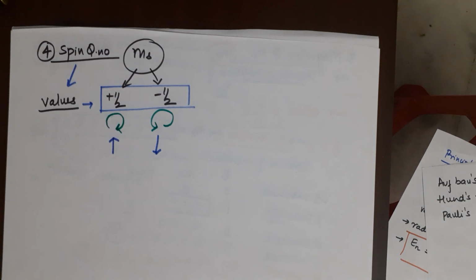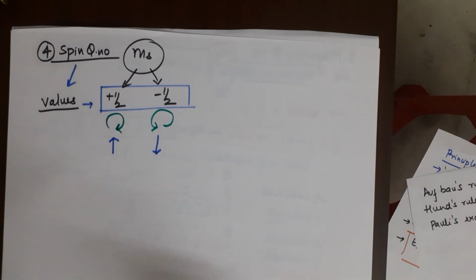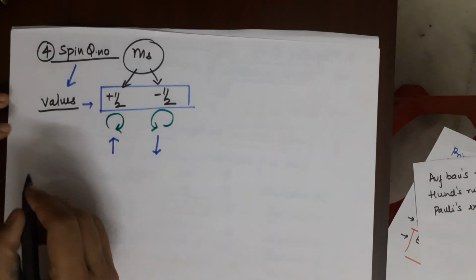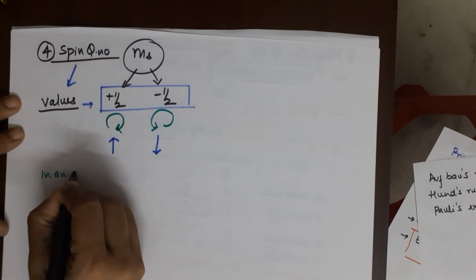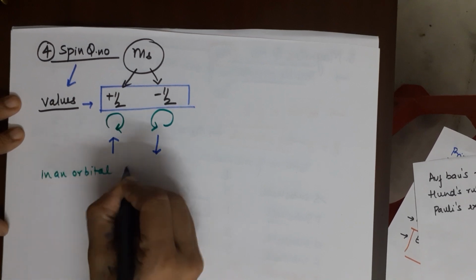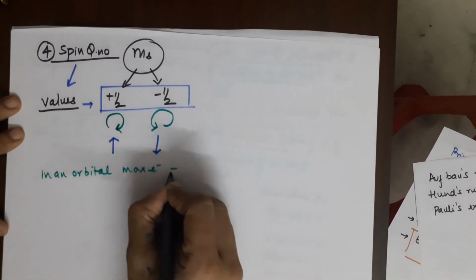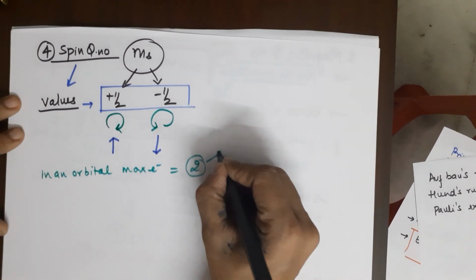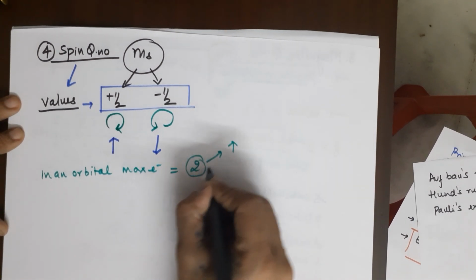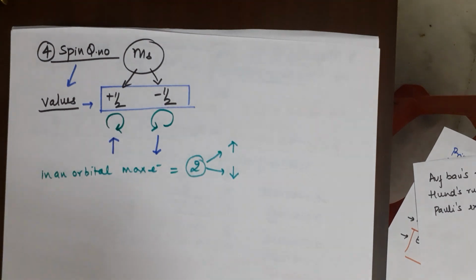Fine. So, the spin quantum number can only have 2 possible values. Now, in an orbital, the maximum number of electrons is 2, out of which one is the clockwise electron, the other is the anti-clockwise electron.